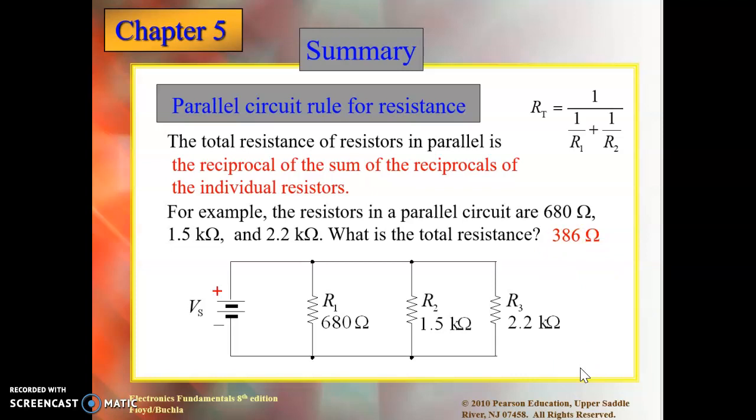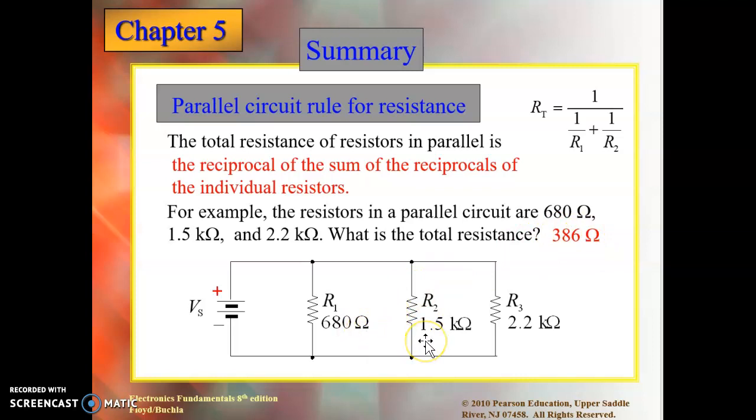Every time we are looking for a total resistance in a fully parallel circuit, the value of the total resistance will always be smaller than the smallest value of the resistors in the circuit. Here the smallest value was 680. We expect that the total resistance would be less than 680 ohms, and it was 386 ohms. So it follows the rules.